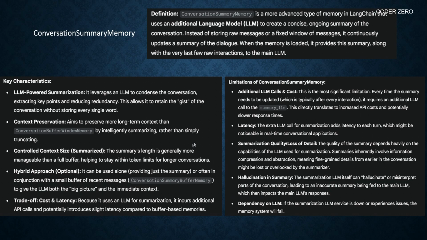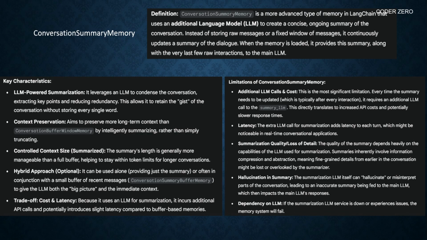Now in this case we are also not dealing with a large amount of data. We have a summary, which is good. We are dealing with a smaller amount of data as compared to the previous models. We are not losing any crucial information because we are creating the summary. But here we are doing additional LLM calls, and that will incur cost.